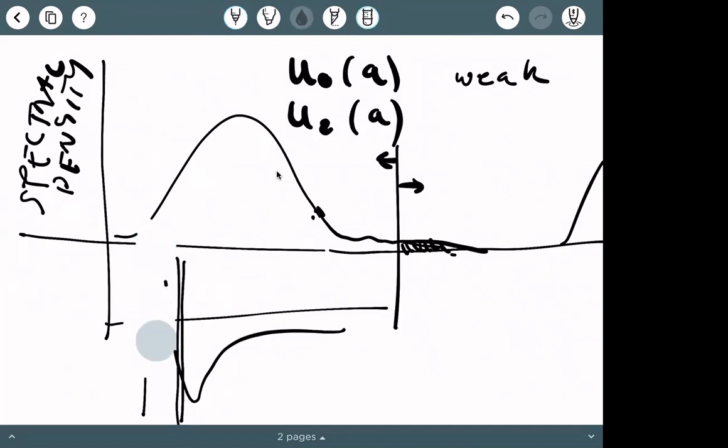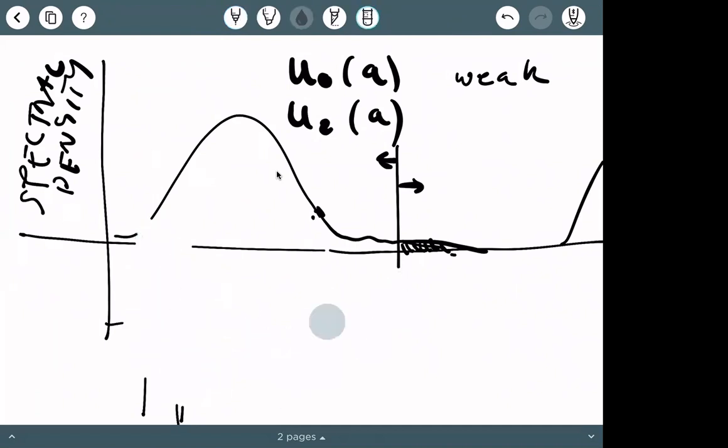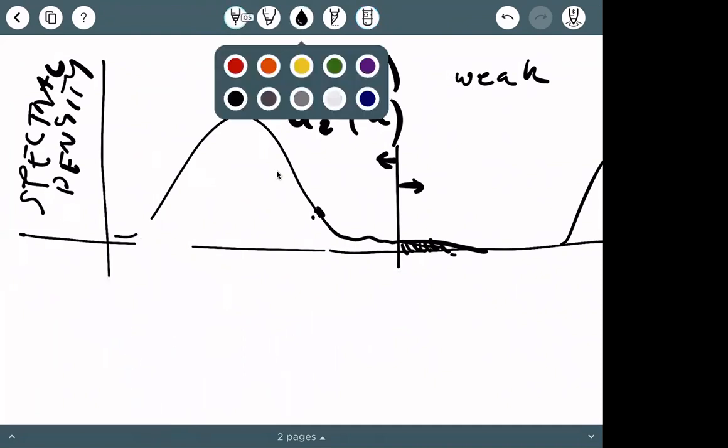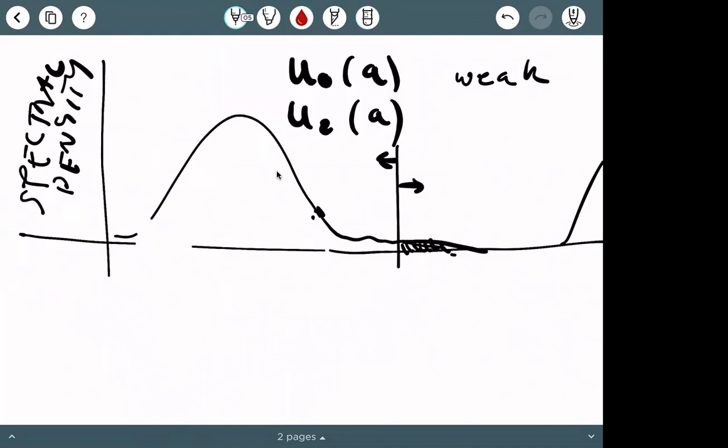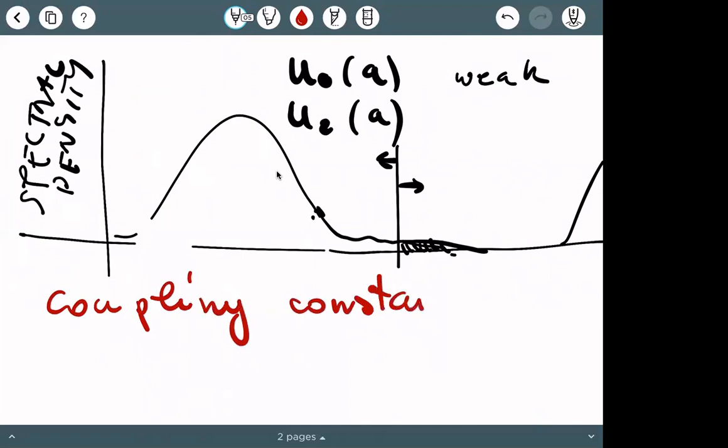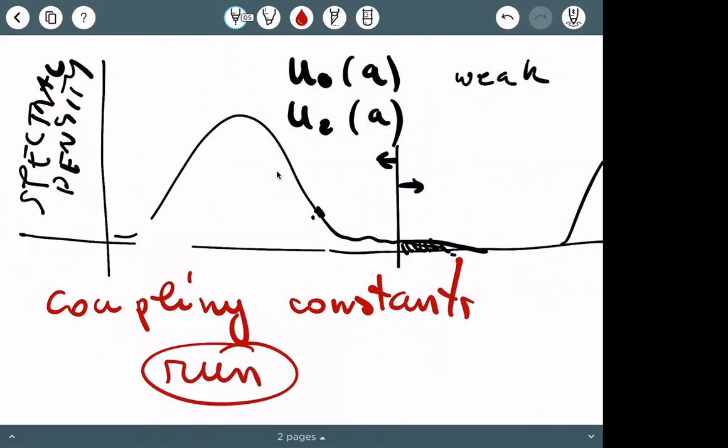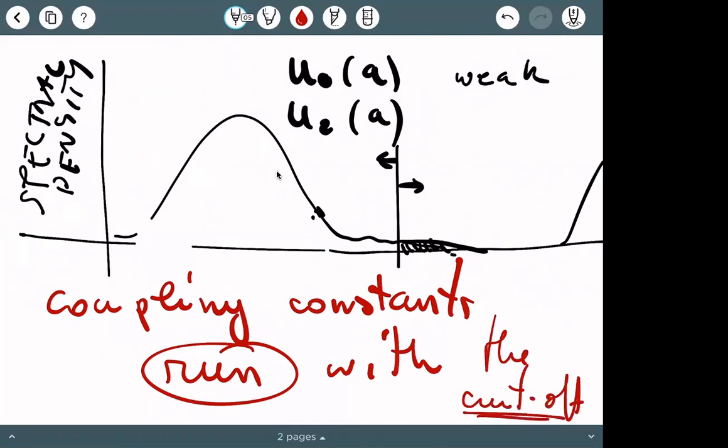This fact, which is nothing but what happens if you fit a function, in theoretical physics goes under a very high-sounding name. We say that the coupling constants run with the cutoff. Running coupling constants.